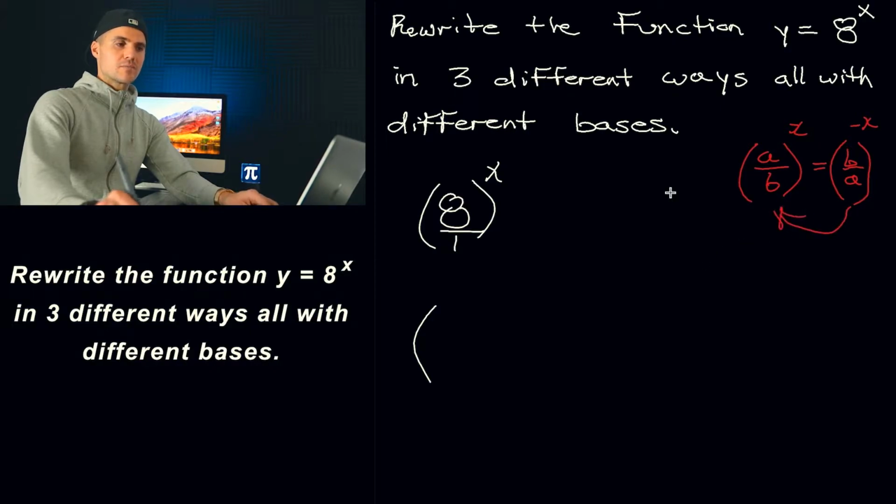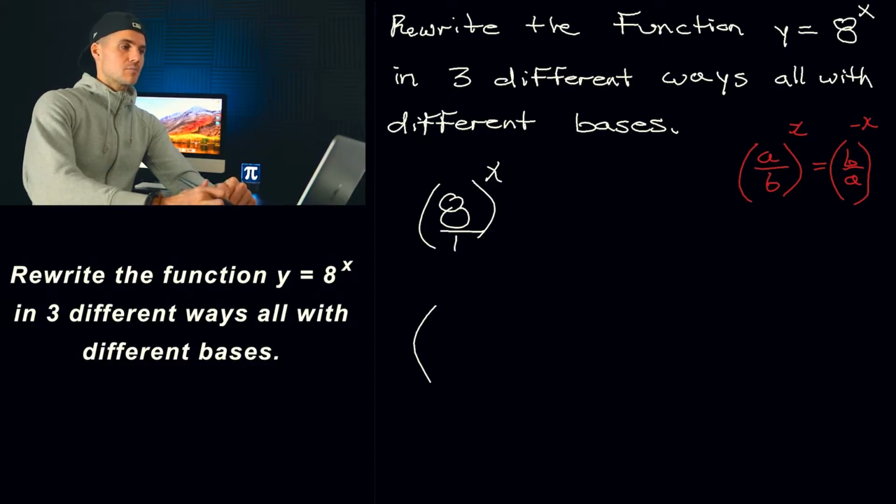Usually we go this way, but since we have a positive exponent, I wanted to write this expression first because we're actually going to write it in this way over here. So if you have a fraction to an exponent, that's the same as the reciprocal of that fraction to the negative exponent, changing the sign of the exponent.